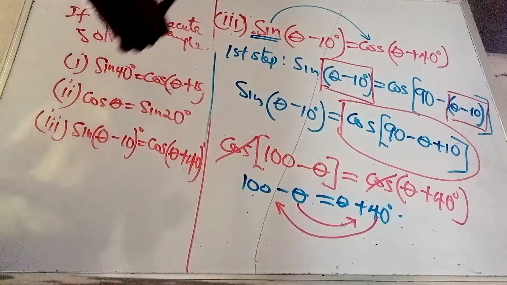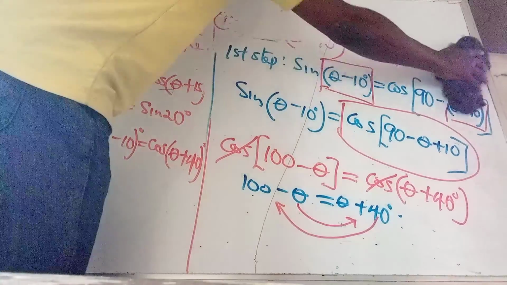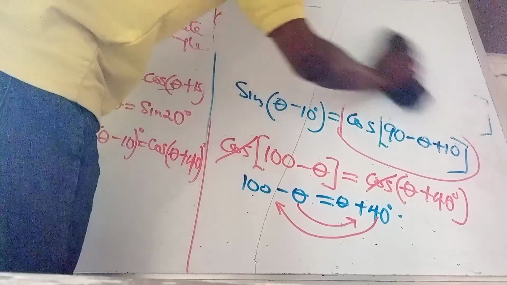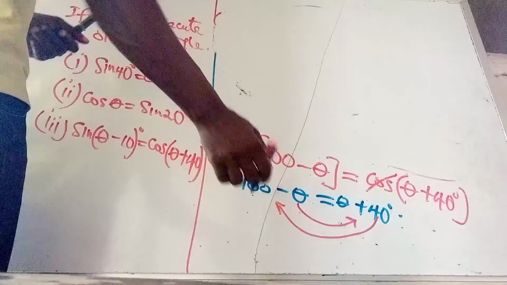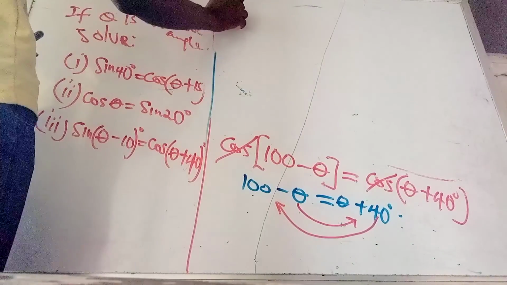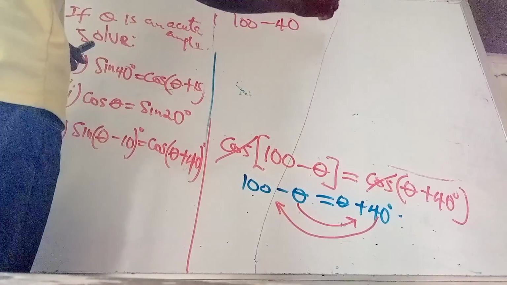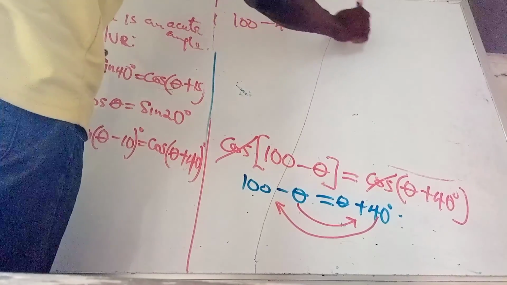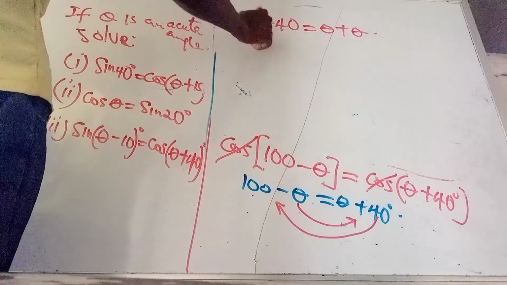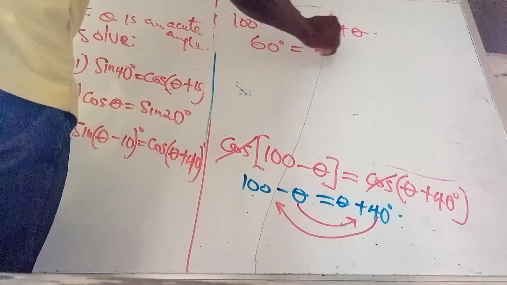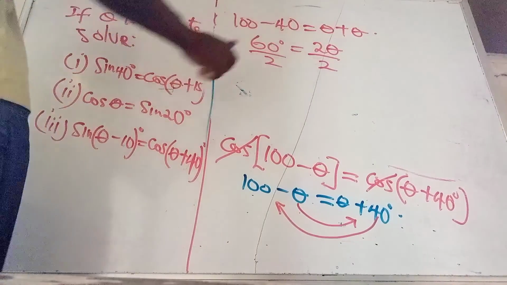So we are going to have 100 minus 40 equals theta plus theta. And 60 degrees will be equal to 2 theta. You divide both sides by 2 in order to find theta.